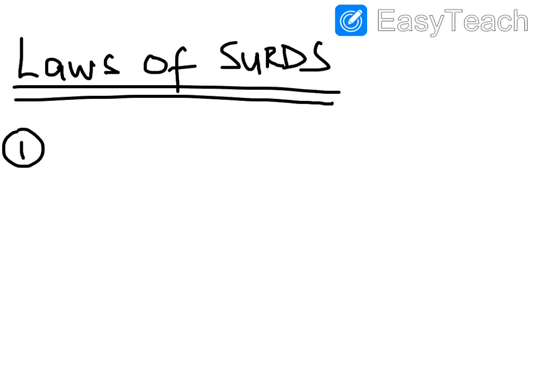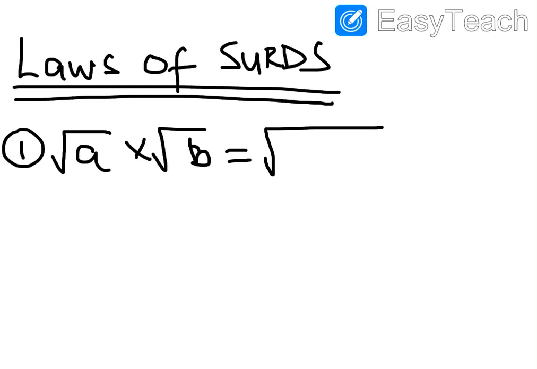First of all, when we have a square root of a multiplied by square root of b, this is the same as square root of a times b.